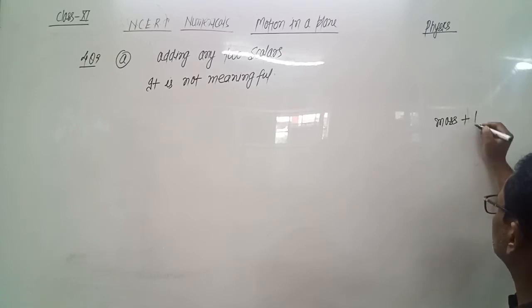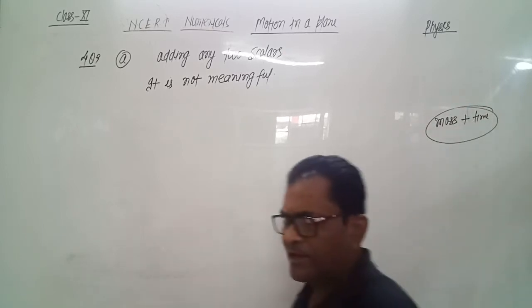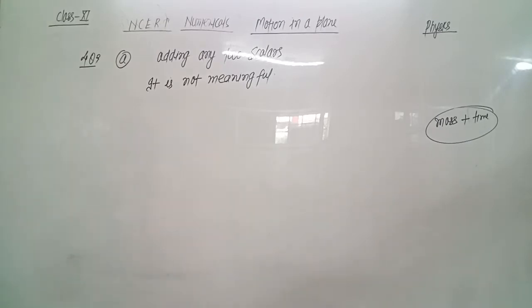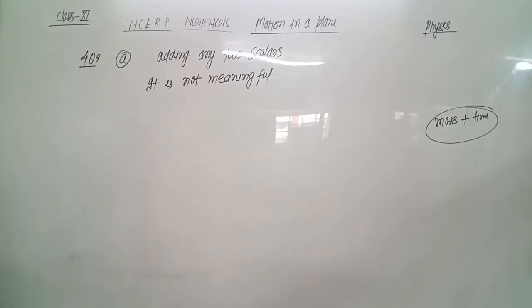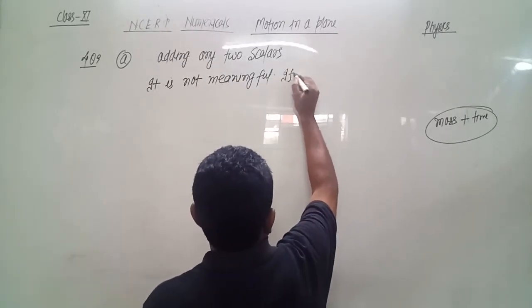When we add mass and time, then it is meaningless. It has no meaning. So adding of two scalars is not meaningful. It is not meaningful because both the scalars being of one type, then they can be added.